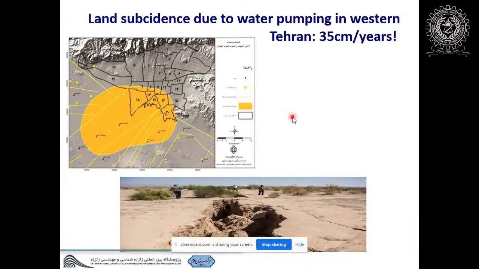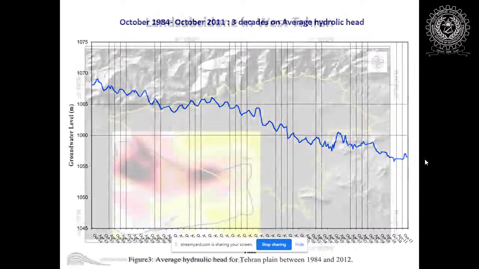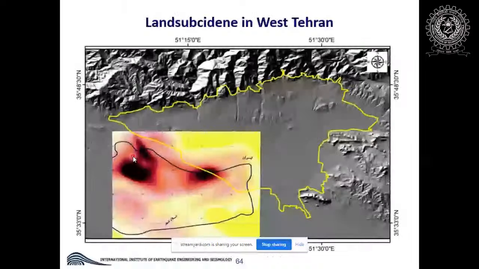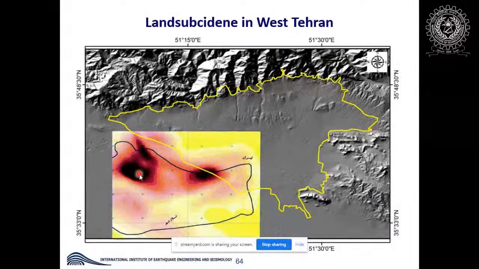This is not millimeter, this is centimeter. 35 centimeter per year, and this is the average hydraulic head between 1984 and 2012 in Western Tehran, and you see that the hydraulic head, due to water pumping, has changed, and this caused the major land subsidence in west and southwest of Tehran.